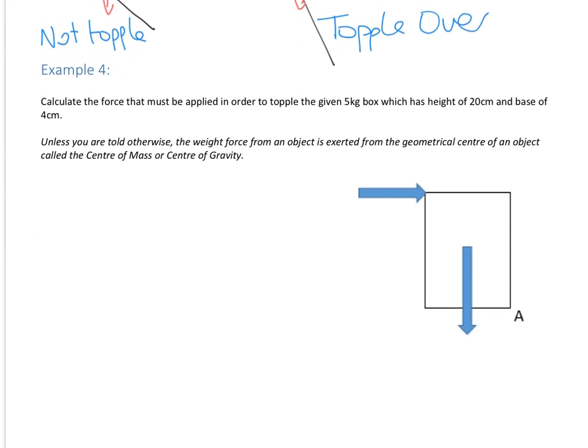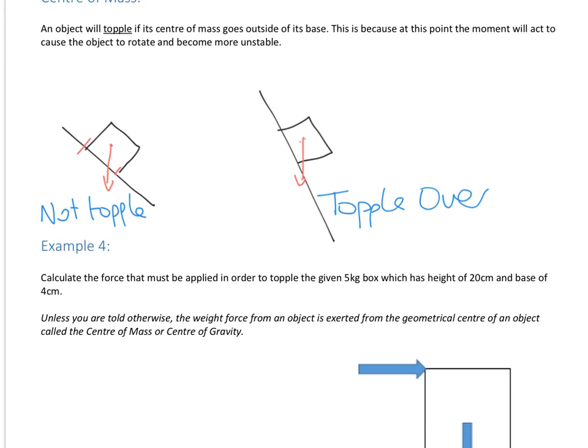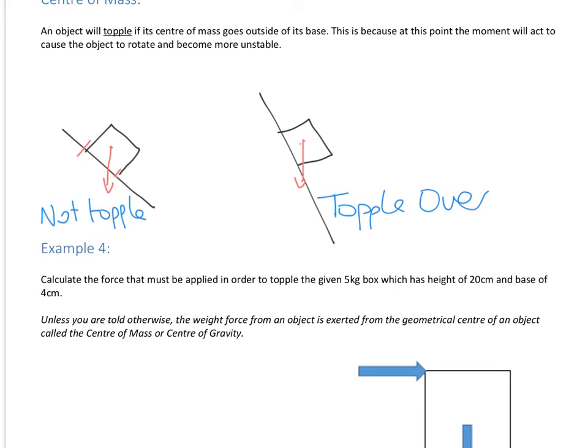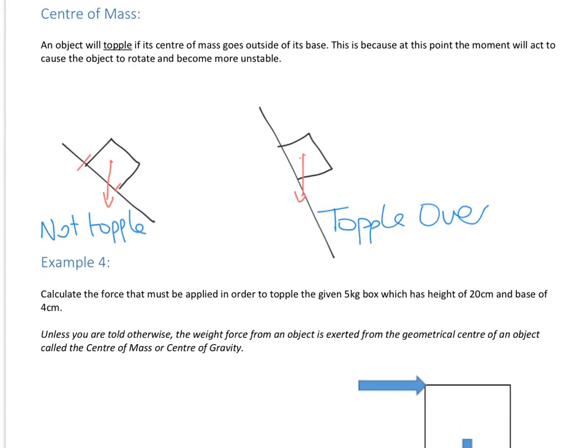So let's put this into practice. So essentially, an object's going to topple if there's a moment acting to rotate the object outside of the centre of base. So this one is going to act to rotate the object in this direction, whereas this moment force is going to prevent it from toppling over. So let's have a look over here.